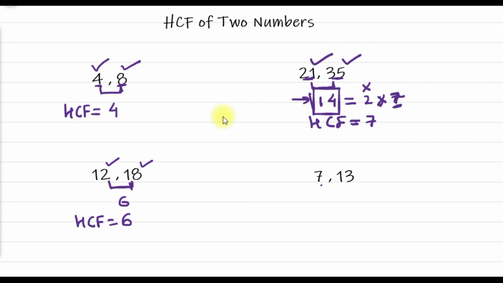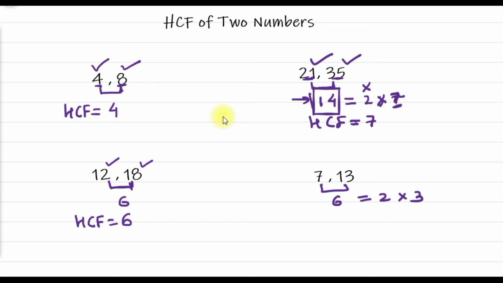Here also you have to get the difference between the two numbers. The difference between 7 and 13 is nothing but 6. After this you have to cross-check whether 7 and 13 are divisible by 6 or not. You can clearly see they are not divisible by 6. So the next step is to factorize 6. The factors of 6 are 2 and 3.